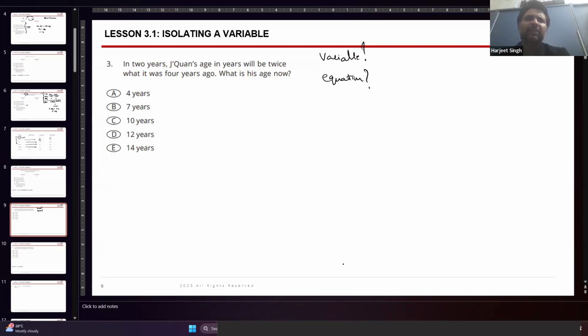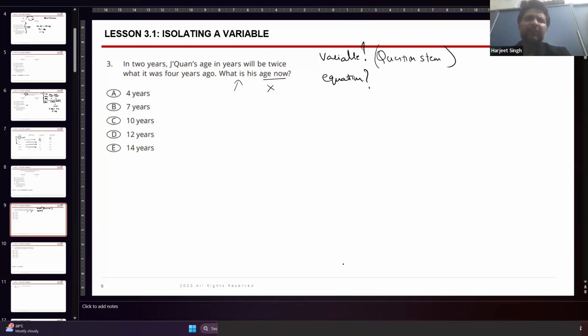The variable here clearly is the age now. So can we say that is X? Usually your question stem will tell you what the variable is. So X is the age now.